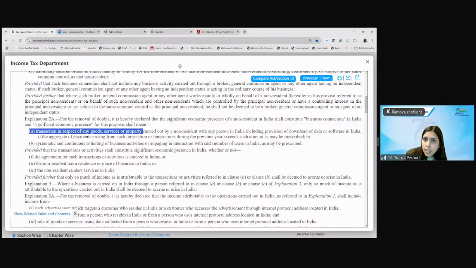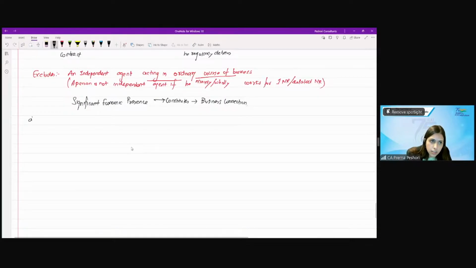So what does it say? Transaction in respect of goods, services, property carried out by non-resident with any person in India.